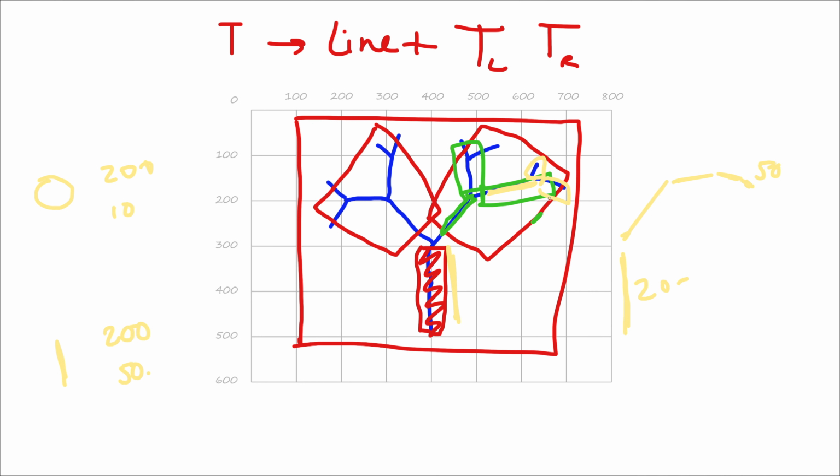The very first thing it has to draw is a line from here up to here. So the starting point is here, and that's the end point, and the length is going to be 200 to start with. So we'll have to pass the starting point to the function, otherwise it won't know where to start.